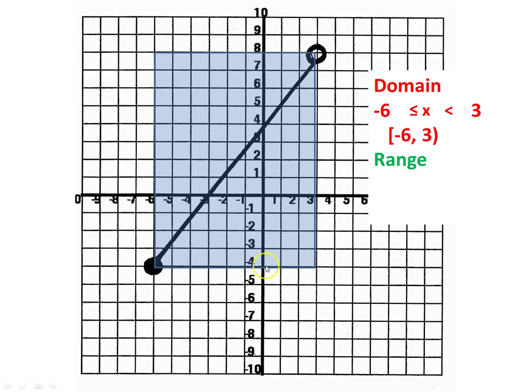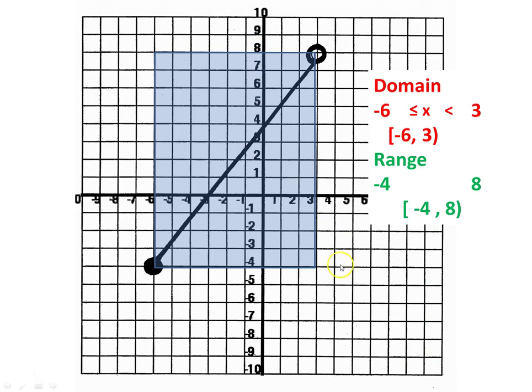If we look down here, it looks like the lowest thing in my picture is -4, and the highest thing is 8. I don't care about y-intercept. I don't care about points. I don't care about anything. I want to know where my picture is. And my picture is between -4 and 8.